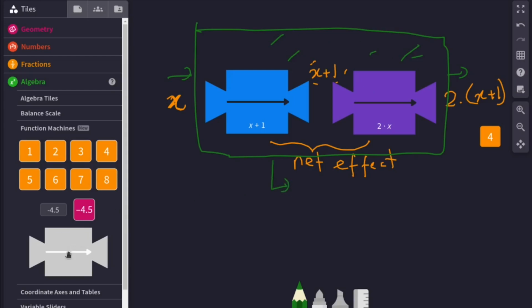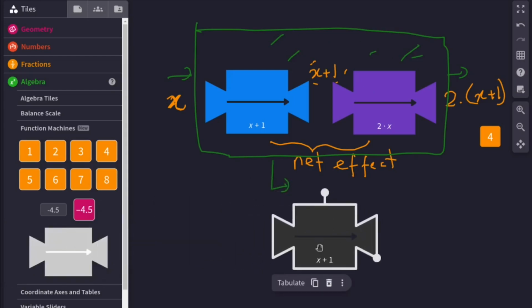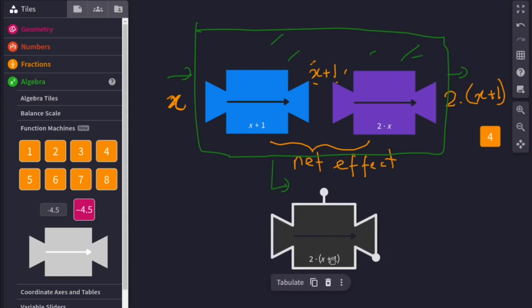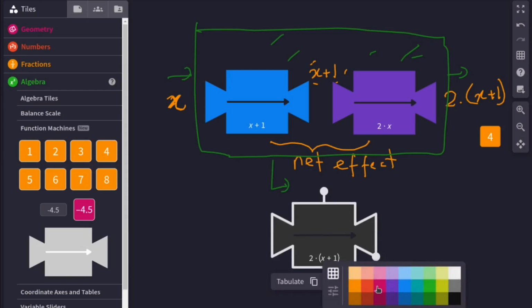So what does that have to be? This machine has to take x. Well, it gives me 2 times (x plus 1). That's what we saw from the net effect. So if this took x, it will give me 2 times (x plus 1) because that's the function. I'll change the color of that to red.